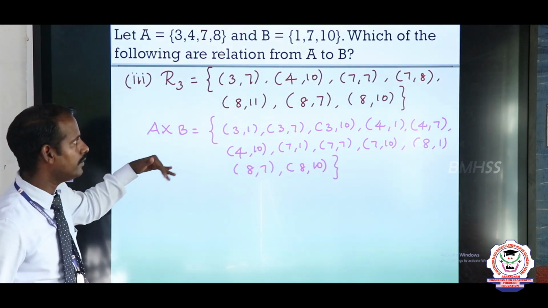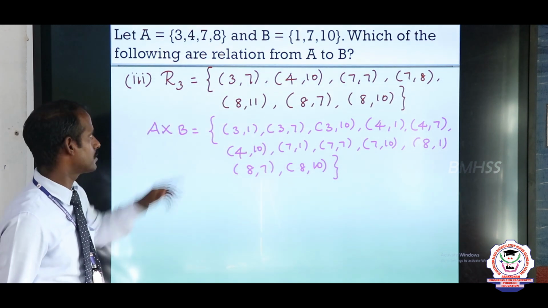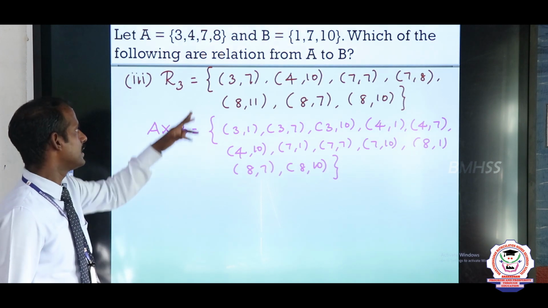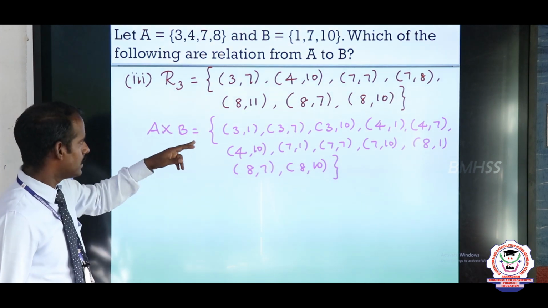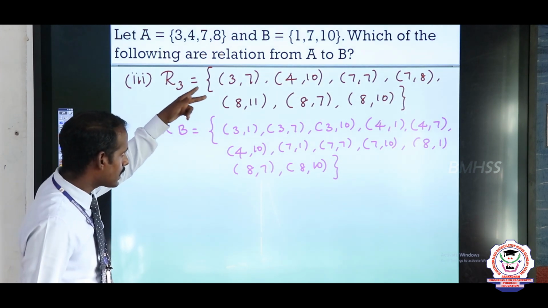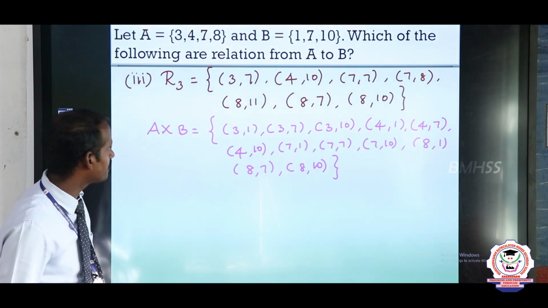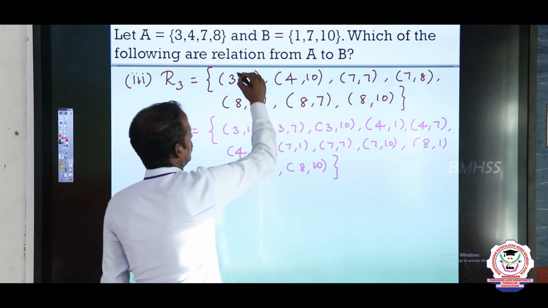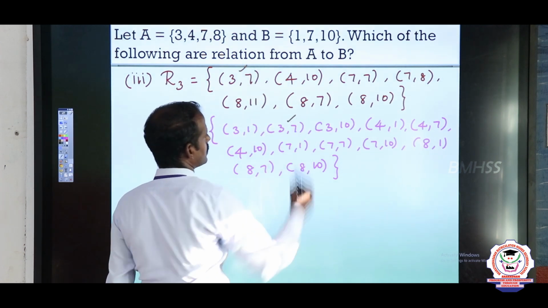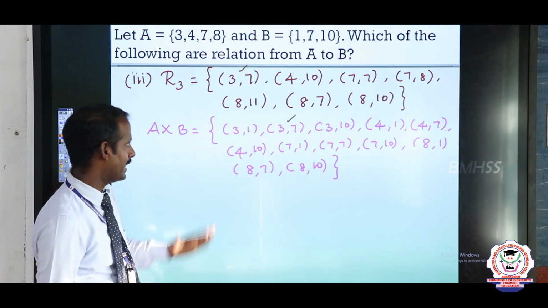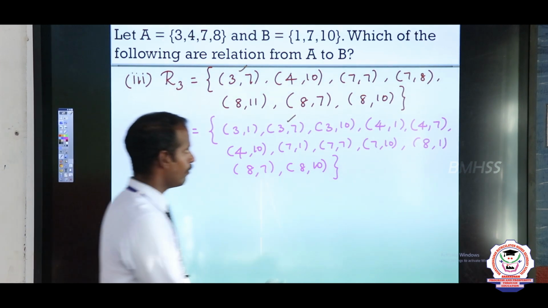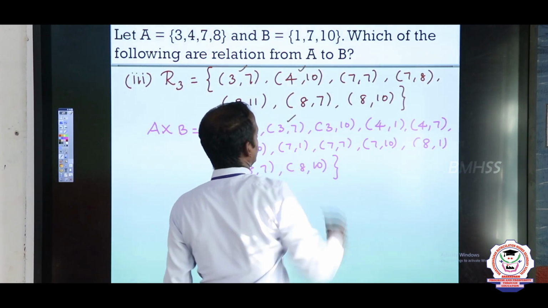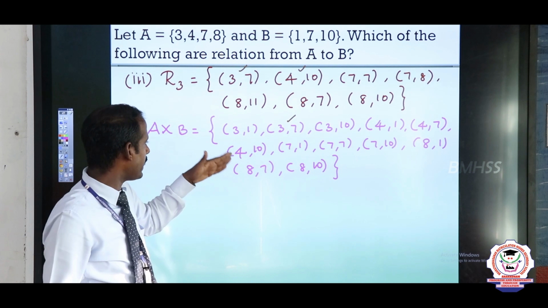Here 3 comma 7 is the first element. Is 3 comma 7 in A Cartesian B? Yes, the same element. The next element, 4 comma 10: is 4 comma 10 in A Cartesian B?